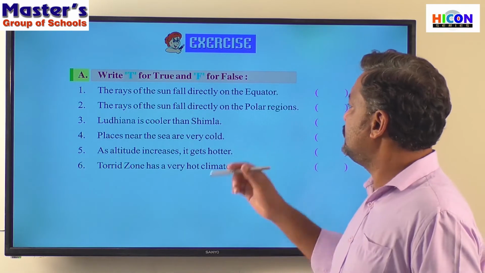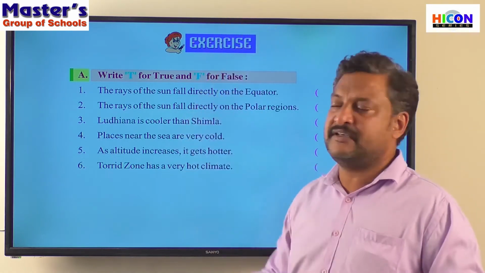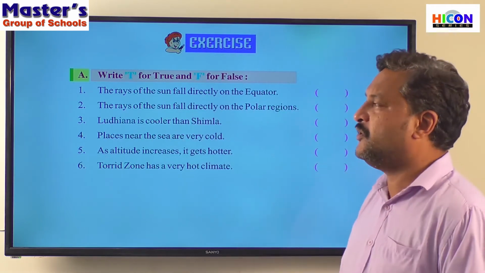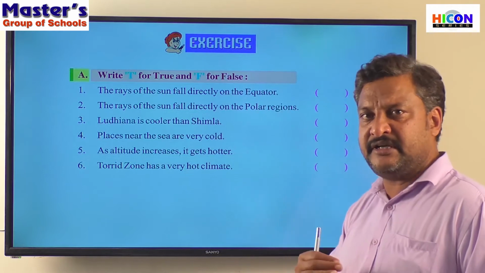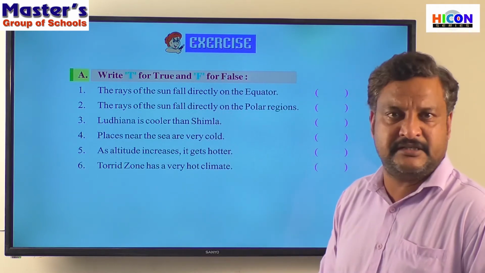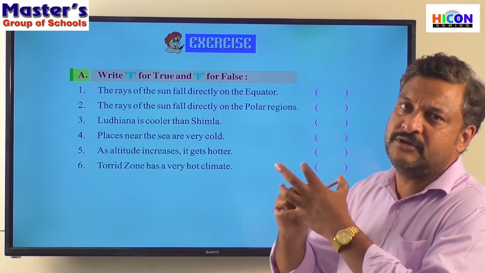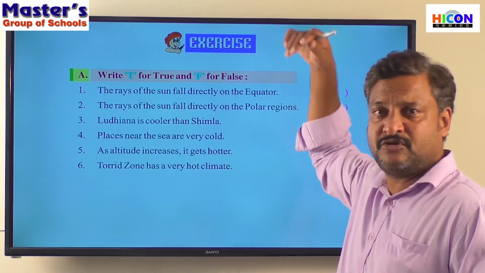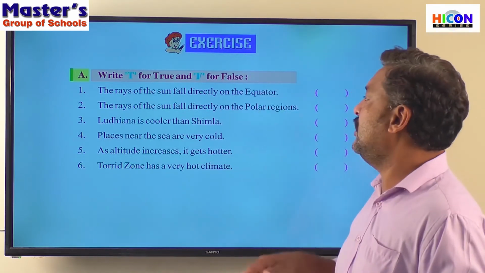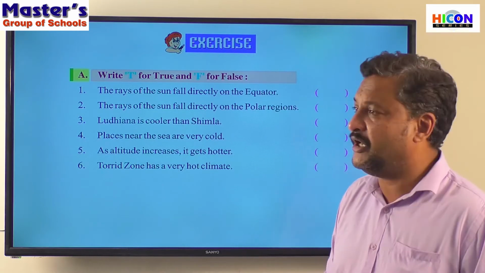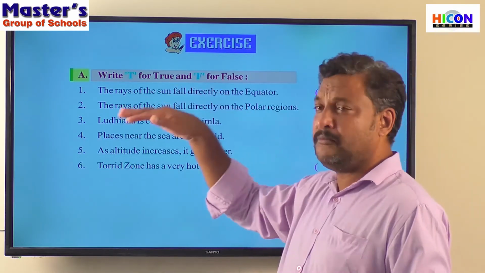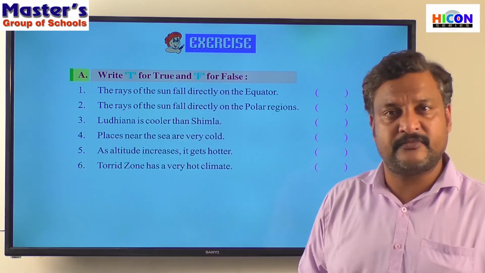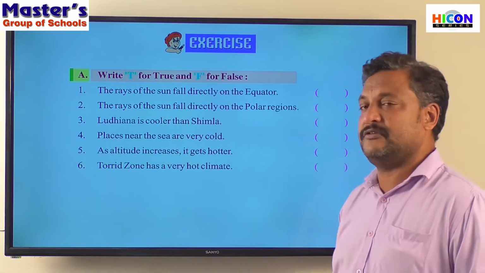As we go high in the altitude, the temperature decreases, isn't it? So Shimla being on a higher altitude should be cooler. Ludhiana is not cooler. Ludhiana is warmer than Shimla because it is located on a lower altitude. Okay, so the answer is false.